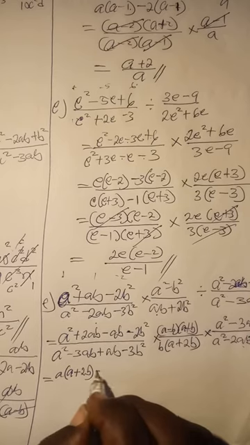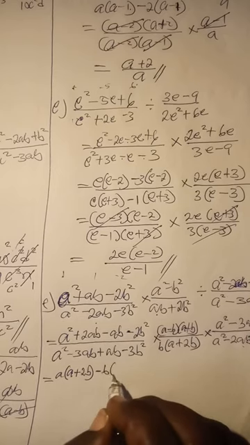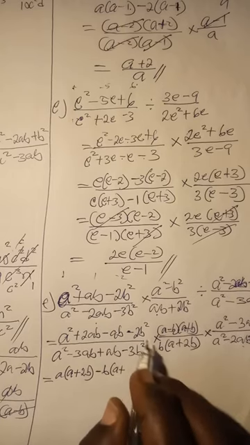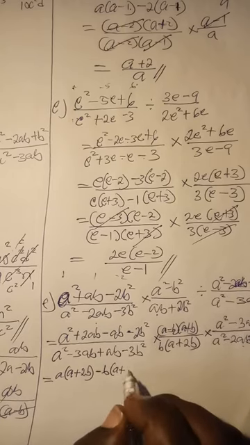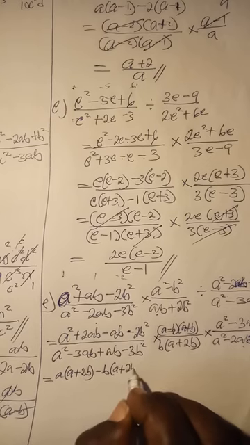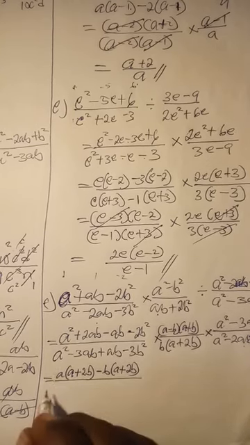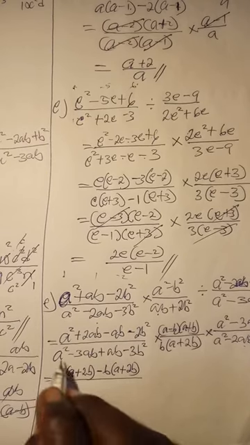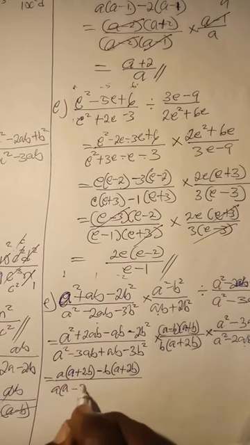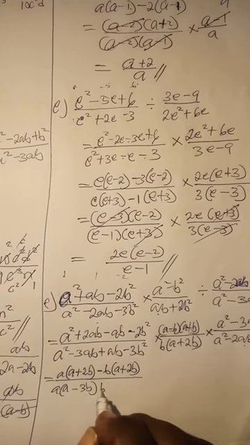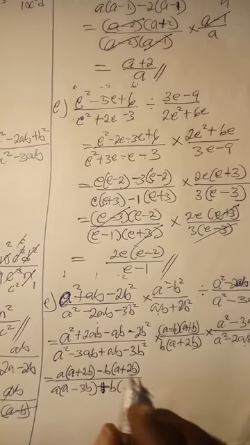Then minus b factored out here to give me a plus 2b again, over here a factored out to give me a minus 3b, then factor b out, b bracket a minus 3b.